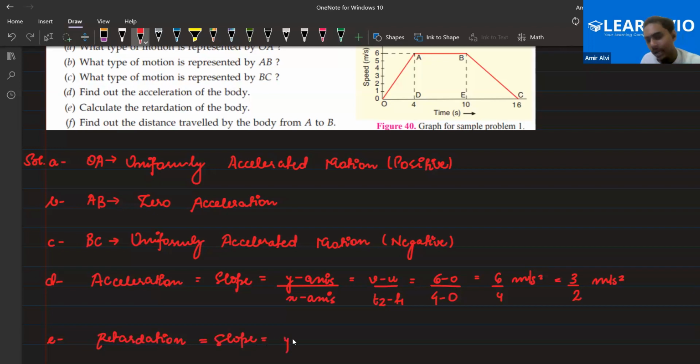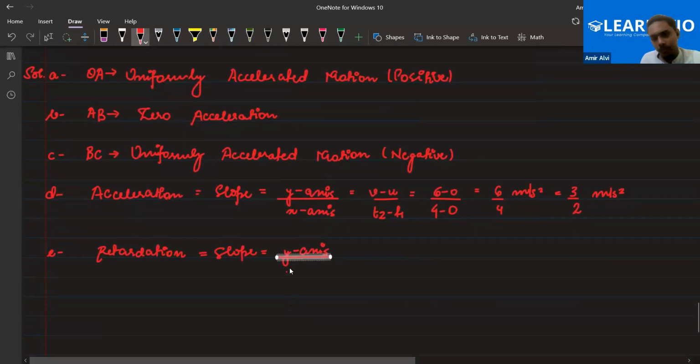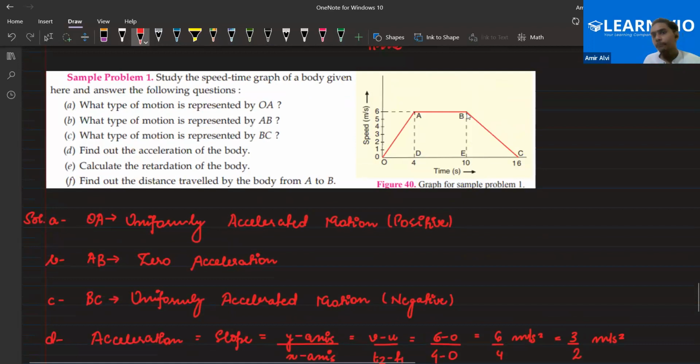Slope, again, y-axis to x-axis. So at point B, the speed was 6, right? And at point C, the speed is 0. So this is the final velocity, yes or no, everyone?